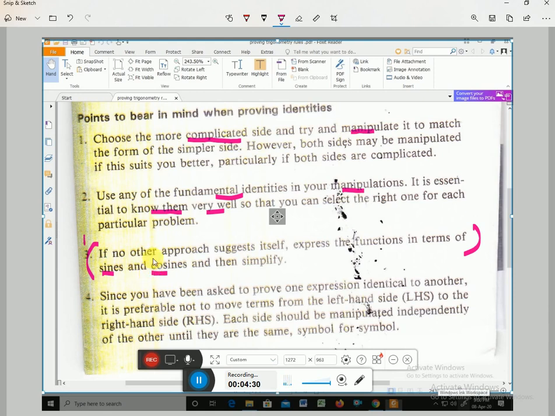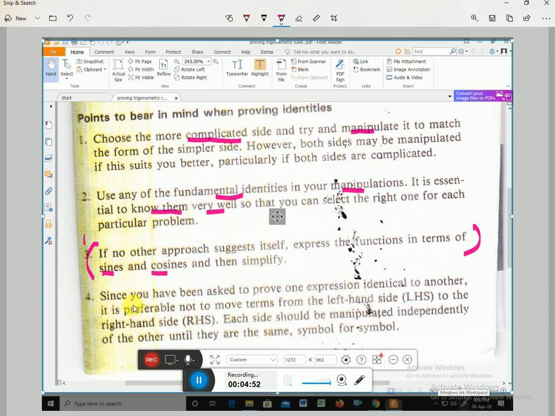When you are familiar with everything, then you can take the other as number one. If everything is now in sine and cos and you can't continue, then you must apply the fundamental identities.